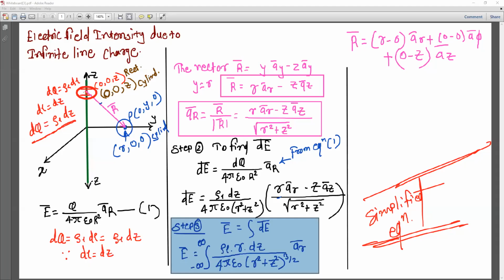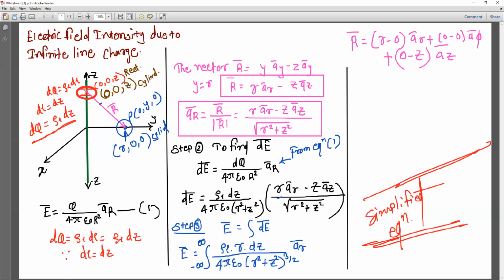Yes, so I want your concentration on this triangle. What is this triangle? Let me take this as a Q. Then I want to focus on this triangle, right?